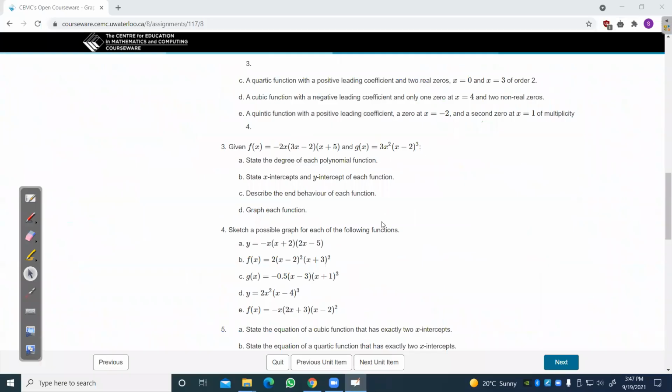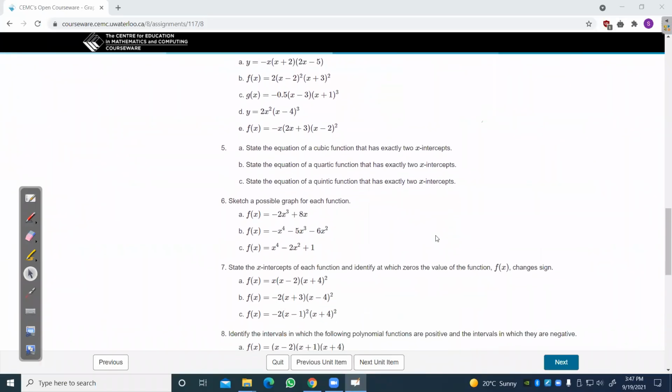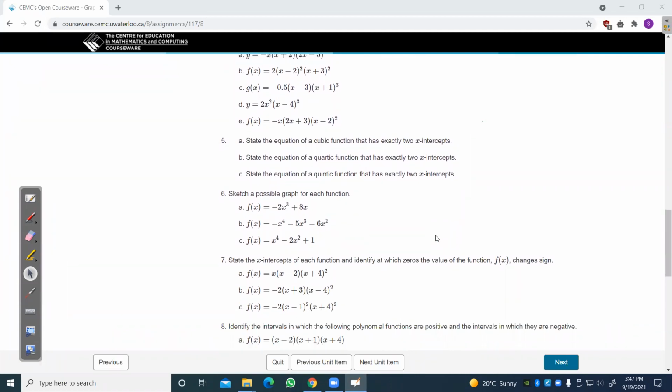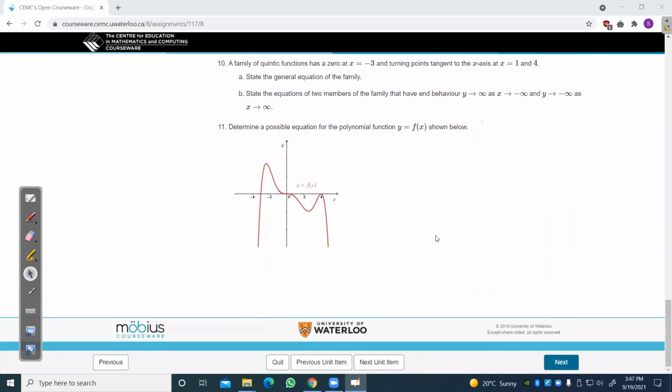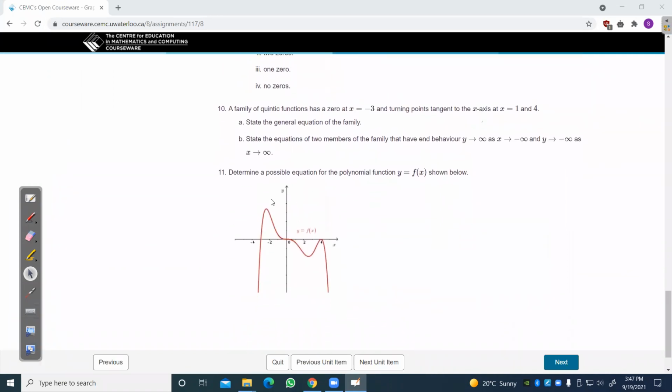Let's look for something a little bit harder. All these are pretty similar. Let's try working up from down to up. Actually, this one looks interesting.